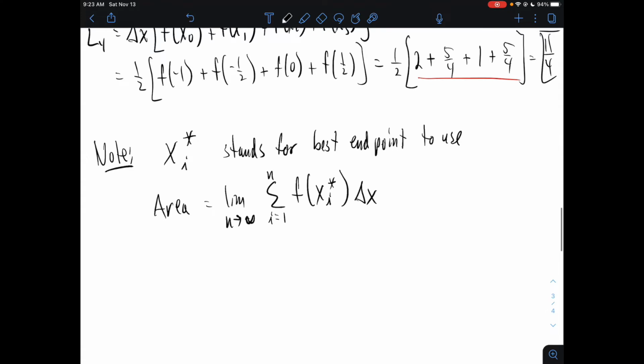And then another note about distance. In section 5.4, we're going to get a very nice thing of how we can find the distance given velocity.